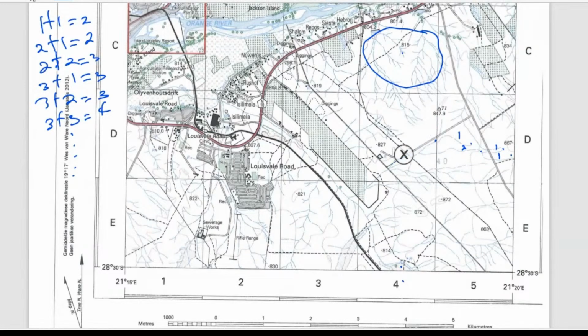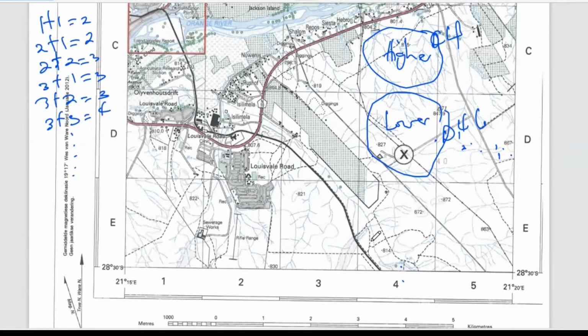Drainage density is about the total number of streams in the basin, or the total length. If we check here, there are many streams, meaning there is a higher density here, and a lower density there. So the higher density is in block C4, while D4 has lesser density. Right.